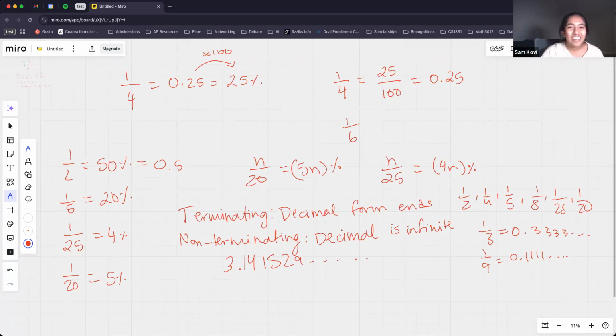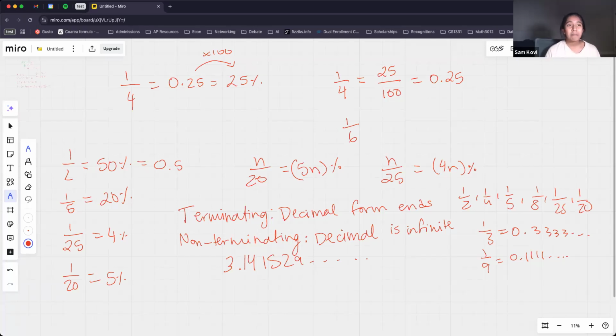Okay, awesome. Shreyansh? If the denominator isn't divisible by 100, will it be non-terminating? Good question. Just because the denominator doesn't divide 100 or isn't divisible by 100 does not mean that it's non-terminating.